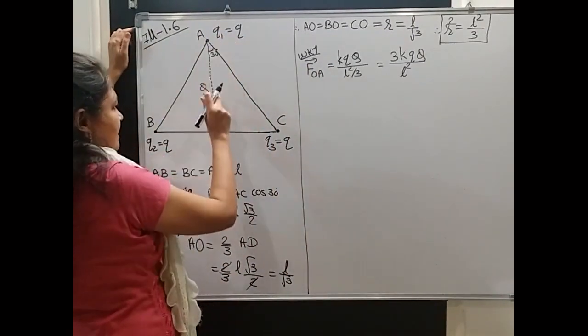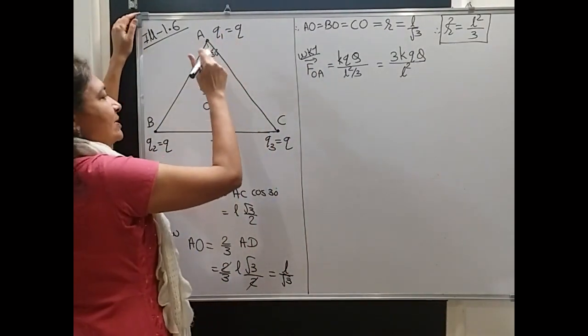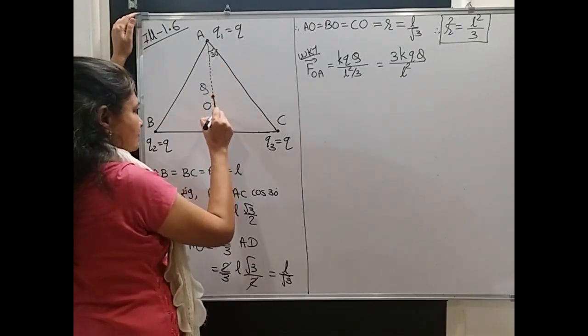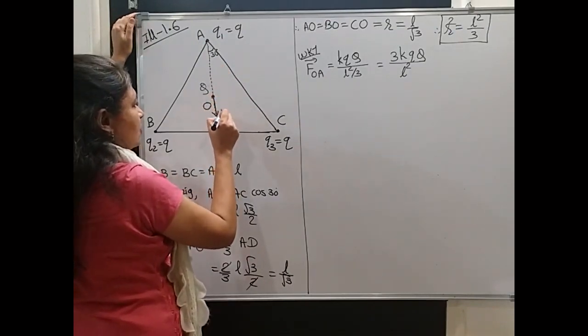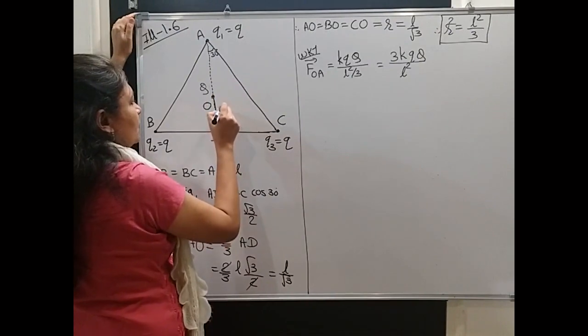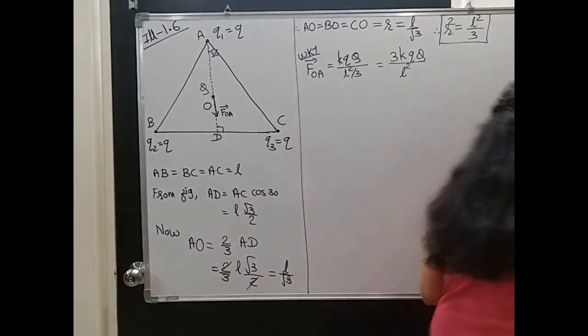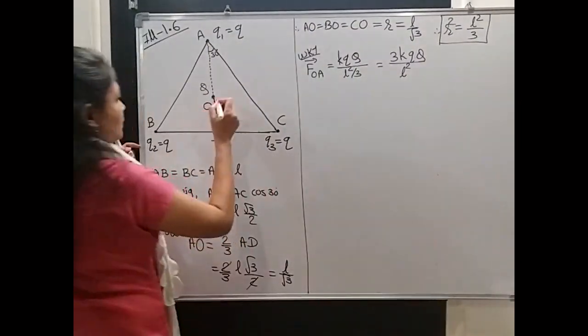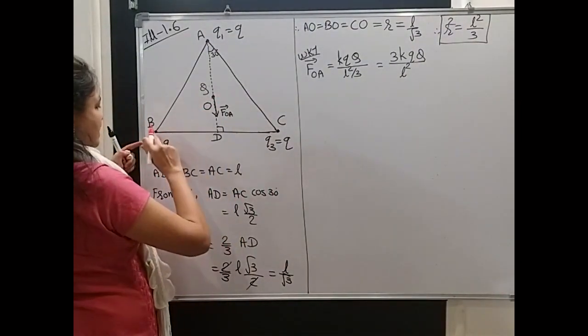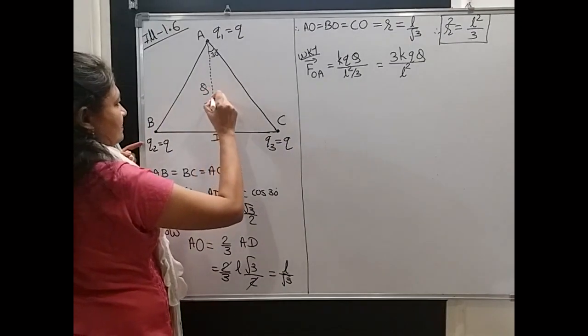Force on O by A: both are like charges, so there will be repulsion. So this will be the direction of F_OA. In the same way, I have to mention the directions of the force on O by B. This is B, this is O. Again there will be repulsion.